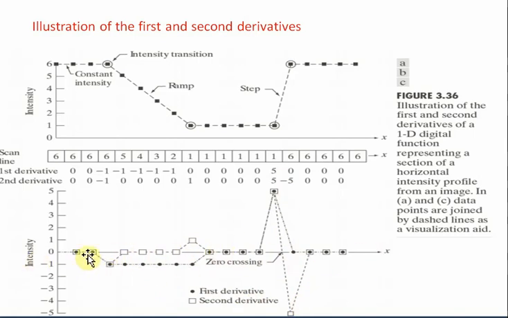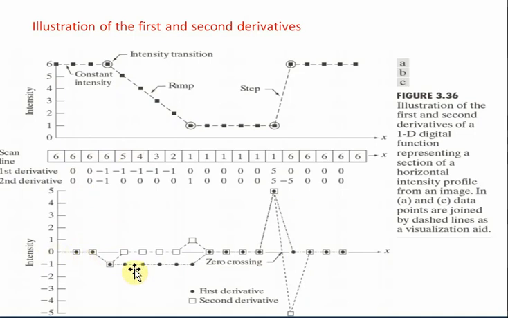Observe the nature here. The intensity variations in the image are like this. After applying the first order derivative, this is how it will be. This is for one scan line; imagine this for all scan lines, for all rows, either rows or columns.